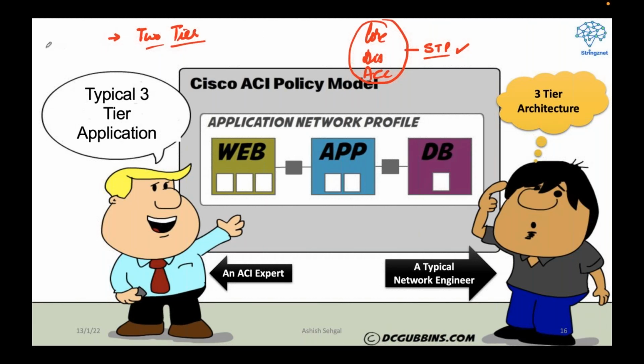And I'm sure my friends who just completed VXLAN yesterday can understand, because this architecture in ACI is based on the same leaf and spine architecture. There is no possibility of any loop.